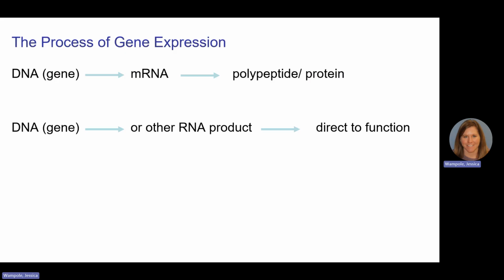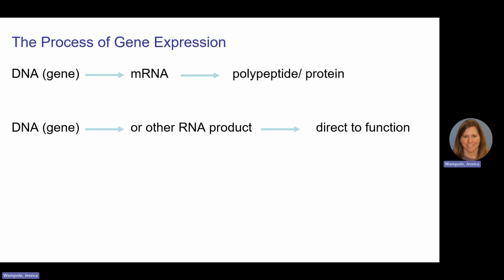All right, so we are going to cover the process of gene expression. When the fields of genetics and molecular biology, mostly molecular biology, were really, really young, we had what we call the one gene, one protein hypothesis. So this was the idea that there's a single gene that codes for a single protein, and one gene gives you exactly one protein.